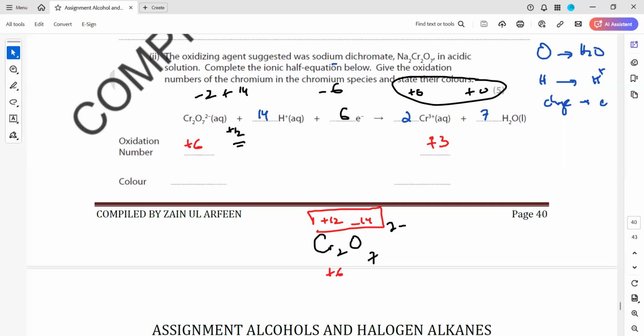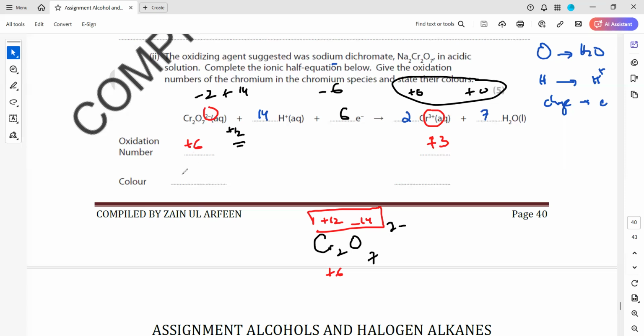That's why we wrote plus 6 and plus 3. But here, when I am writing the charge on the dichromate, I should write 2 minus. So these are the valencies, and these are the oxidation numbers. For valency, number then the charge; for oxidation number, positive or negative first, and then the number.